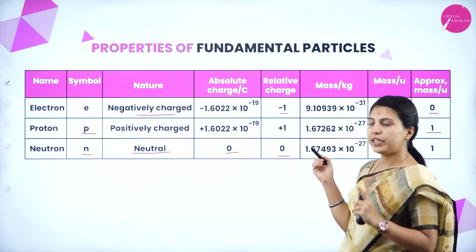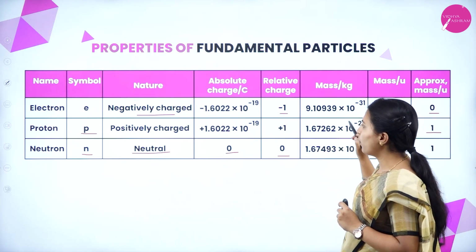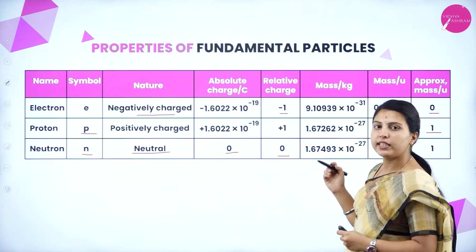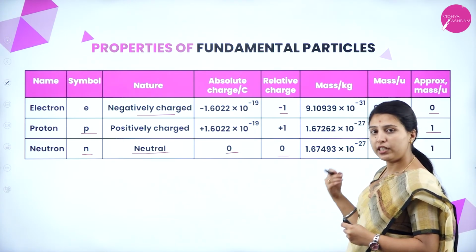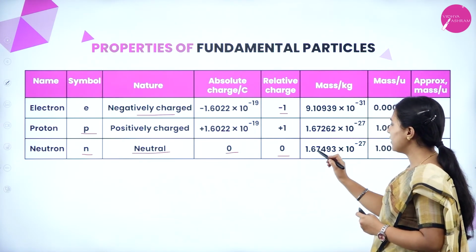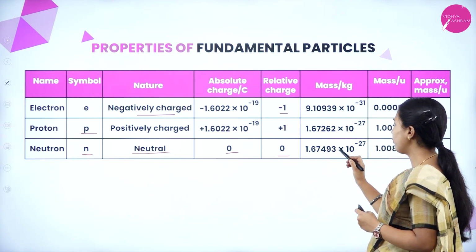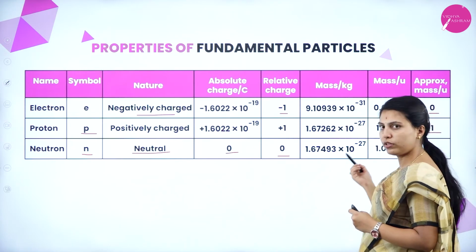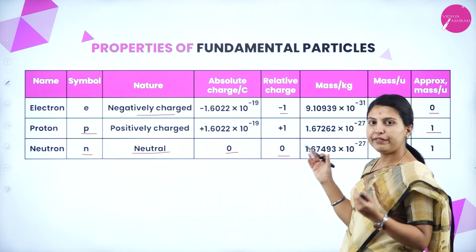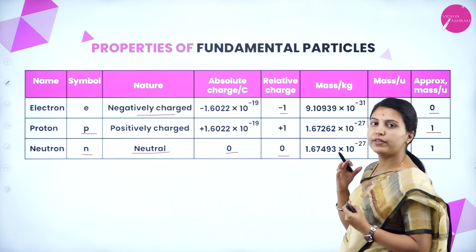Here is Rutherford's prediction: the mass of protons alone cannot account for the mass of an atom, it involves something else, nothing other than the neutron, whose mass is 1.67493 × 10^-27. By these two, the mass of the atom is accounted for.